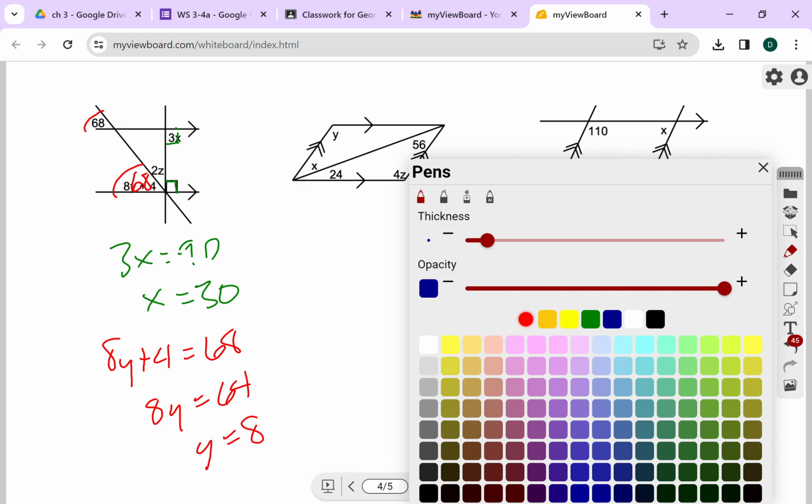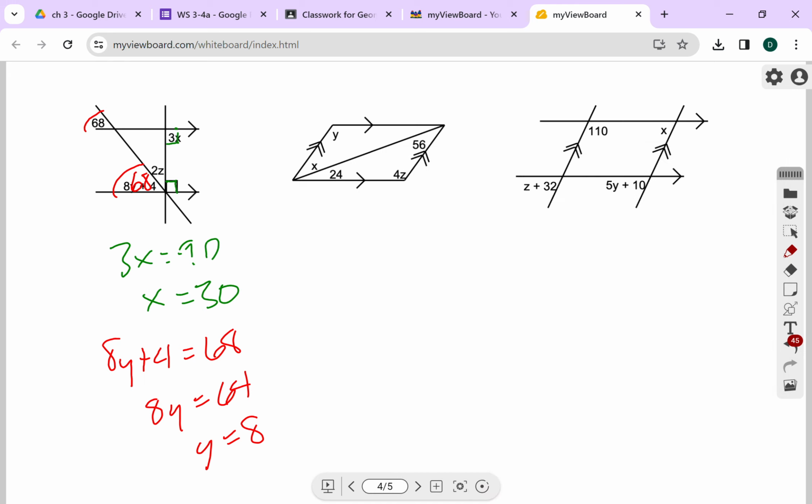But when I'm solving for z, 2z, there's a reason why I put lines through my z's, plus 68 equals 90. So then 2z equals, what would that be? A 22. So then z equals 11, right?